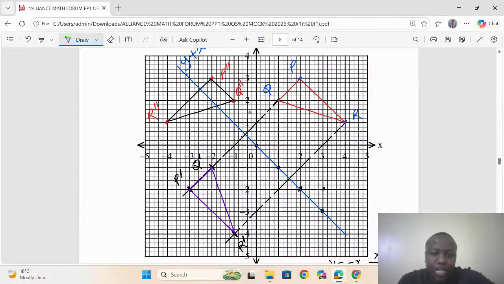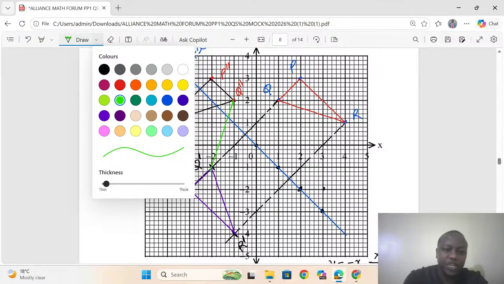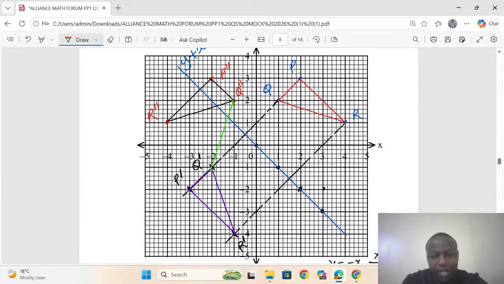whereby we're supposed to connect a point and its image. If it's Q, for instance, we join Q to Q prime like that. Then we bisect this particular line. We bisect Q prime.